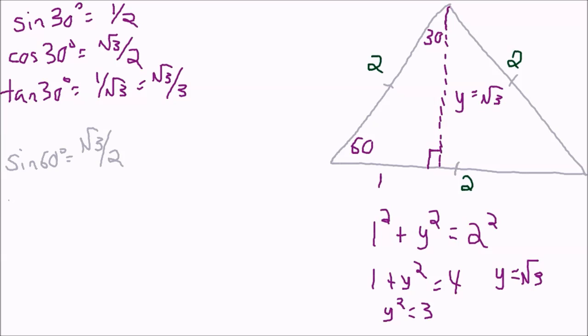Similar to before, the cosine of 60 is adjacent over hypotenuse, so the adjacent of 60 is 1, and the hypotenuse is 2, so the cosine of 60 is 1/2. Finally, we have tangent of 60, which is opposite over adjacent, so the opposite of 60 is square root of 3, and the adjacent is 1. So the tangent of 60 is square root of 3 over 1.